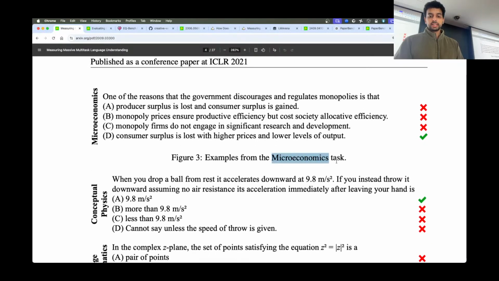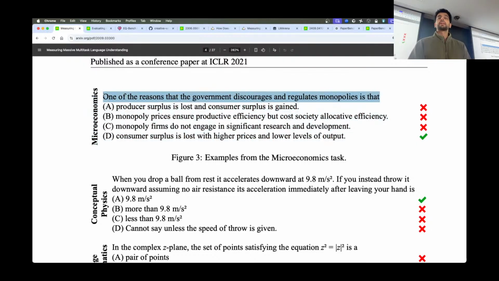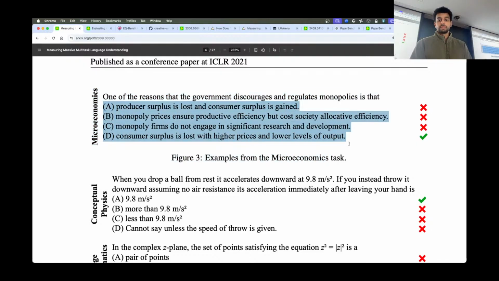So here is an example from the microeconomics subject. "One of the reasons that the government discourages and regulates monopolies is that", so this is our prompt, paired with all of the different candidates, "producer surplus is lost," blah, blah, blah. And the correct answer is D here.